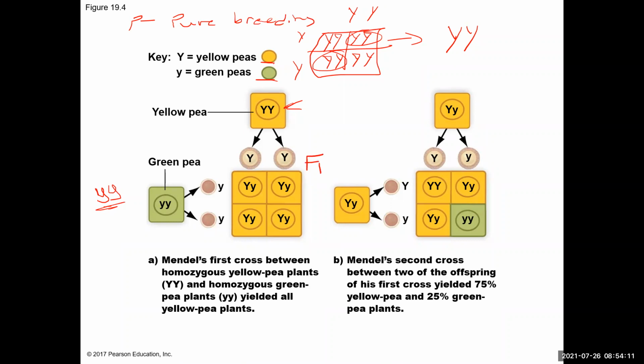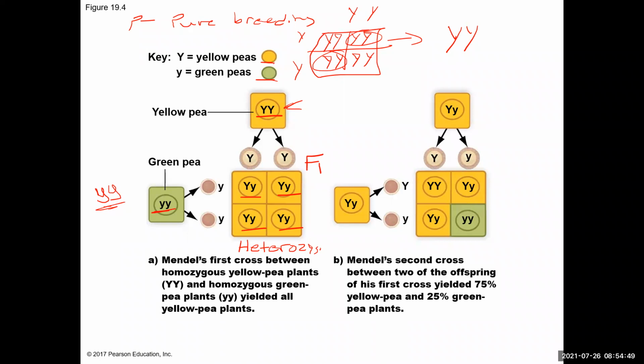The F1 generation will always be heterozygous individuals, because you will always have a dominant allele given by the dominant trait and a recessive allele given by the recessive trait. So 100% of the offspring will be heterozygous, and 100% of the offspring will have the dominant trait, which is yellow. So it seems like the green pea trait is lost, but really it's just being masked.